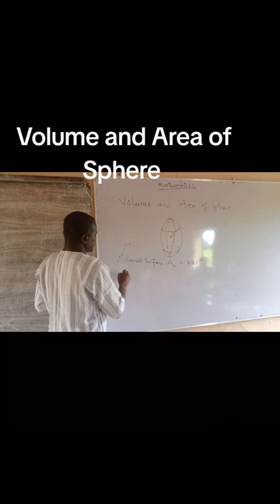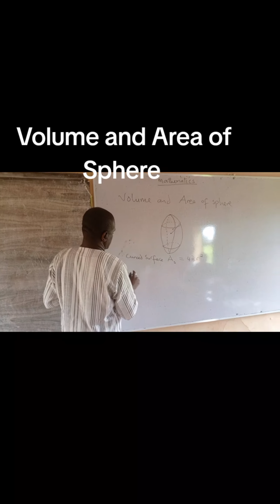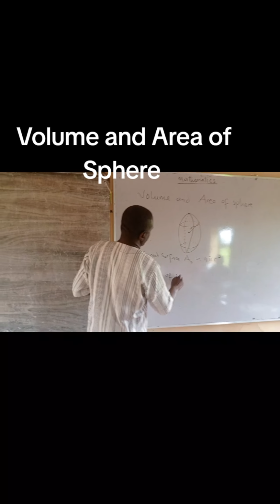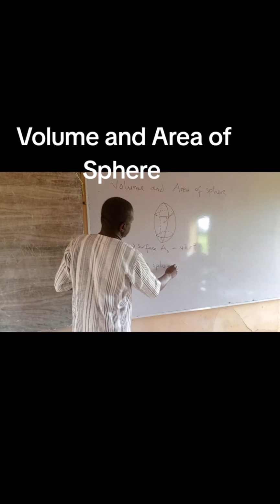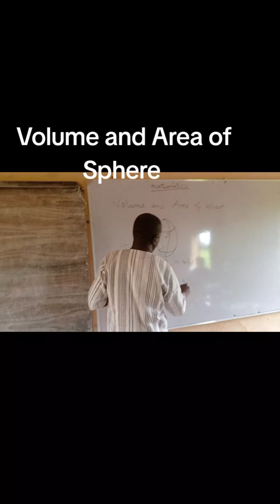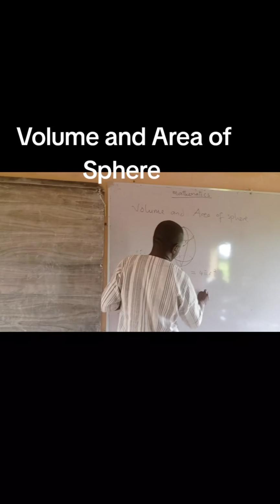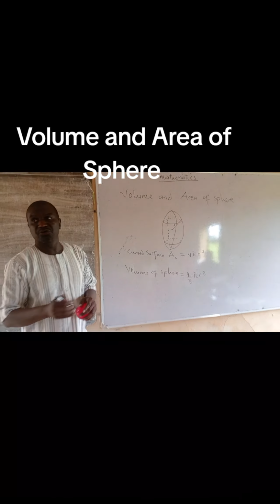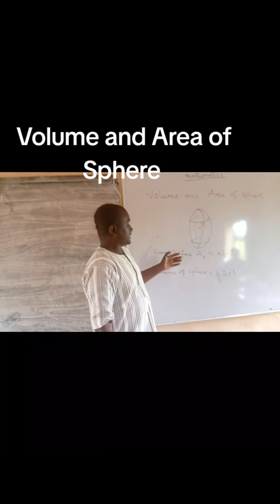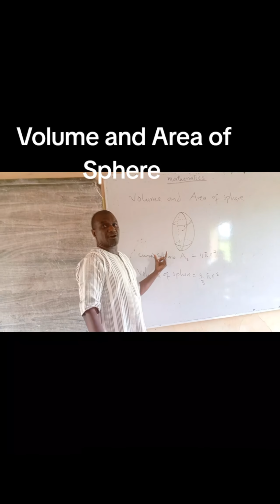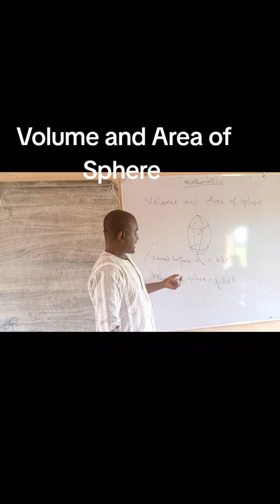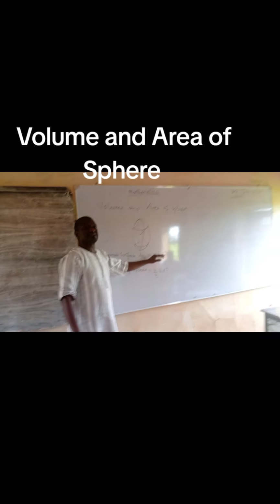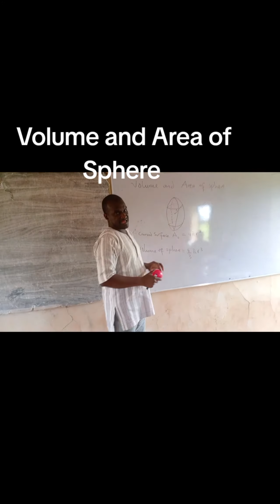Whereas the volume of a sphere is given as 4 all over 3 pi r cubed. This is the formula. Now, in these two formulas, that's the curved surface area and the volume, if you look at it, there is a left-hand side and a right-hand side.